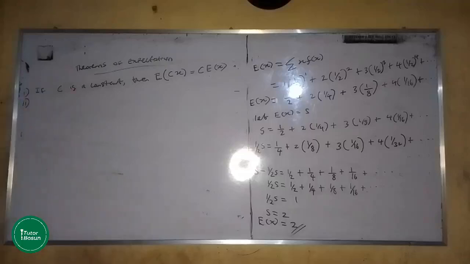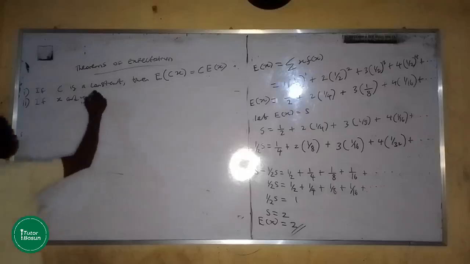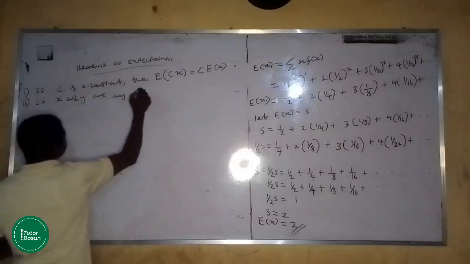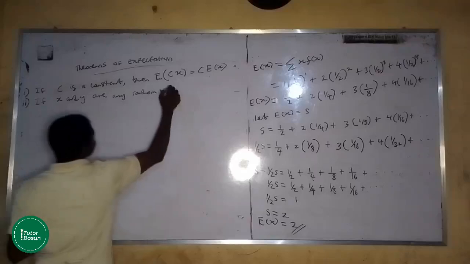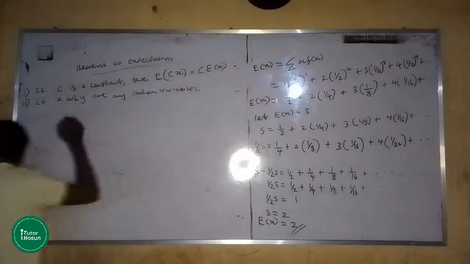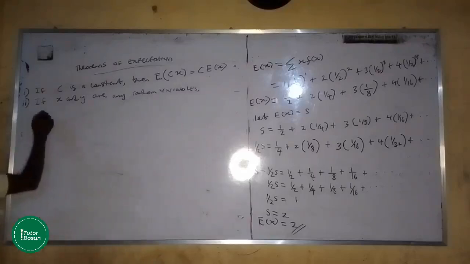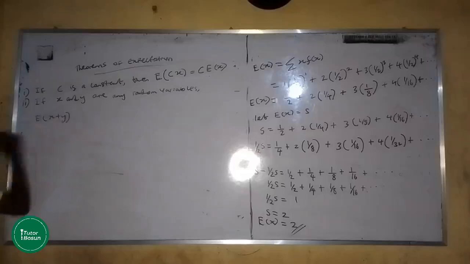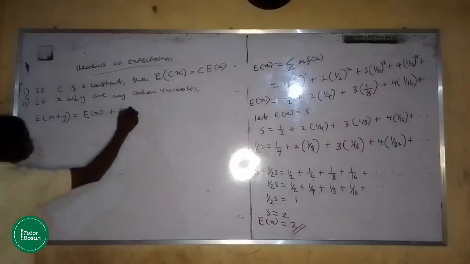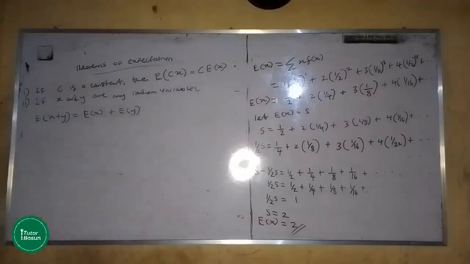So the second theorem says if x and y are any random variables, then the expected value of x plus y should be equal to the expected value of x plus the expected value of y.